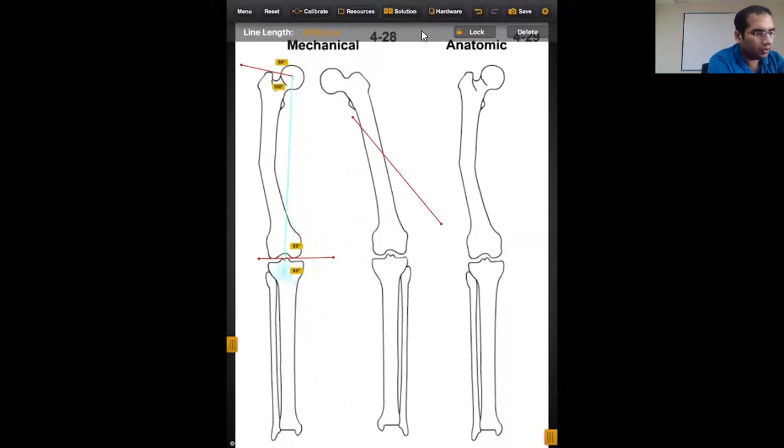As you see now, the lateral distal femoral angle is 94 degrees and the lateral proximal femoral angle is 100 degrees, when the lateral proximal femoral angle should have been 90 degrees and the lateral distal femoral angle should have been 88 degrees. So we know that the deformity is in the femur.